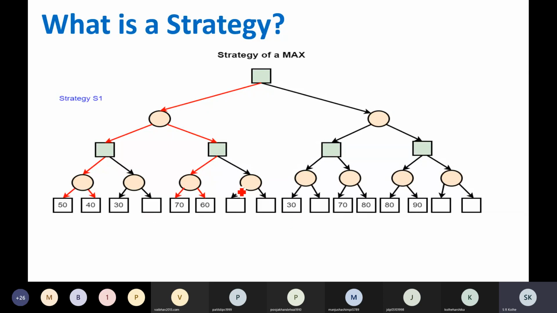How many possible strategies are there for this game tree? 8 strategies, correct. So what now we have to do? First step in this algorithm is that you find out a set of nodes which will belong to all these 8 strategies.